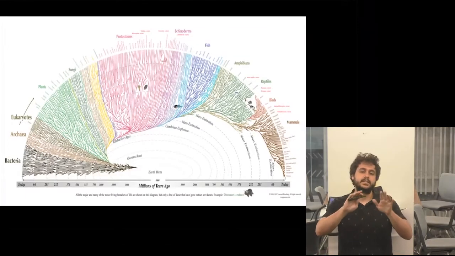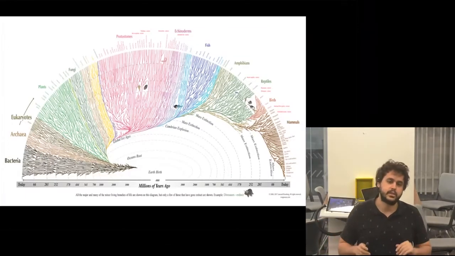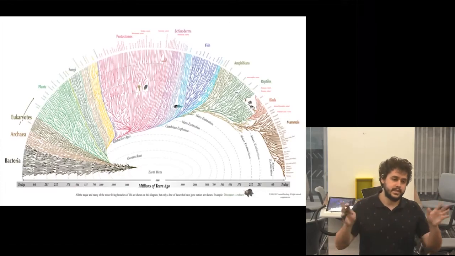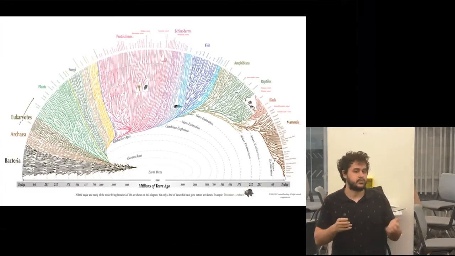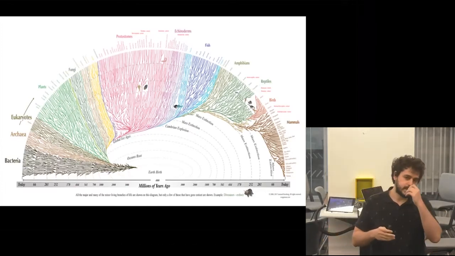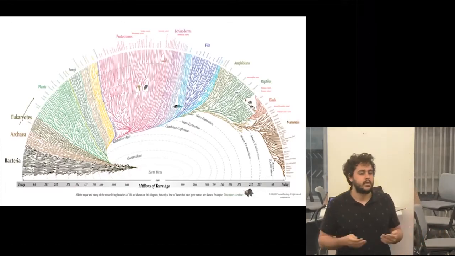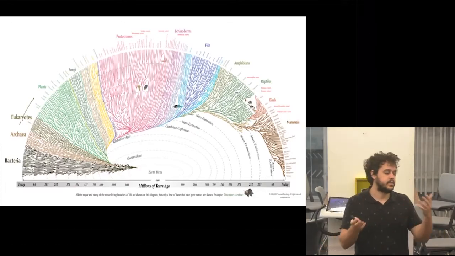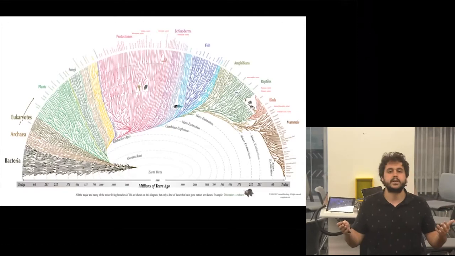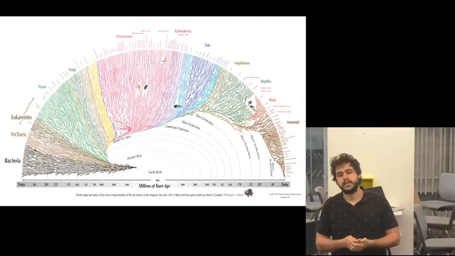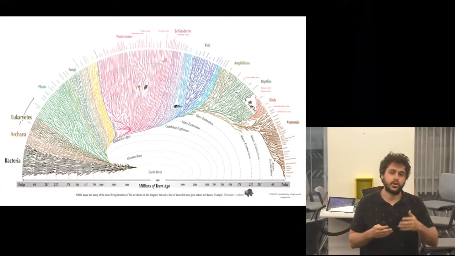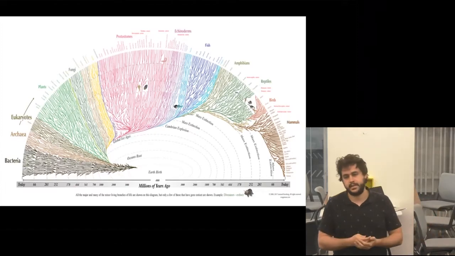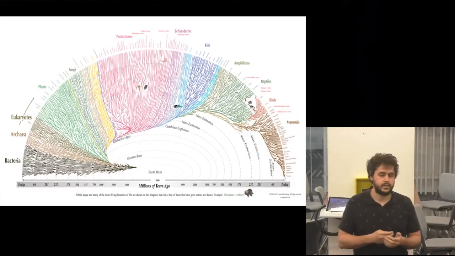And this tree describes how different organisms are related to each other. Just by looking at it, we can get a lot of information on whether different species are close together or far apart, the point in time when the lowest common ancestor first appeared, and other information like that.